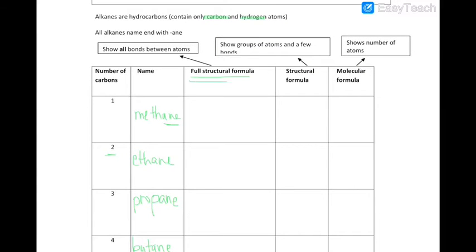Now, structural formula shows all the bonds between all the atoms. Methane has 1 carbon. So let's draw the 1 carbon. And because alkanes are hydrocarbons, they contain carbon and hydrogen only. Remember when I told you that carbon is in group 4?